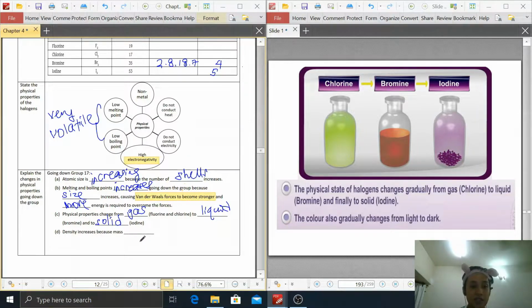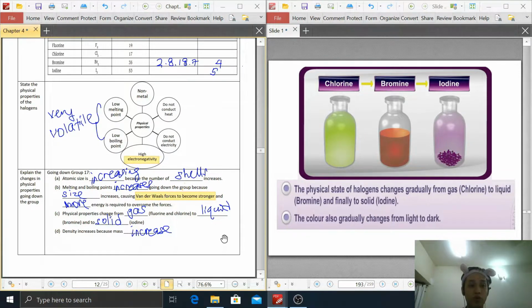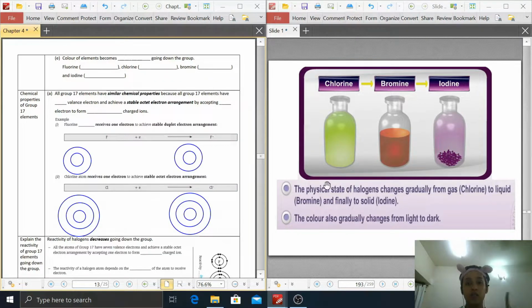Density will also increase, since mass increases going down the group. The color is very important, like I mentioned just now. As you go down the group, the color becomes darker and darker. From fluorine, a pale yellow color, slowly it changes to a very dark color, which is iodine, purple in color.